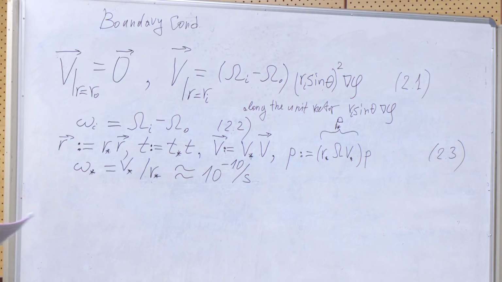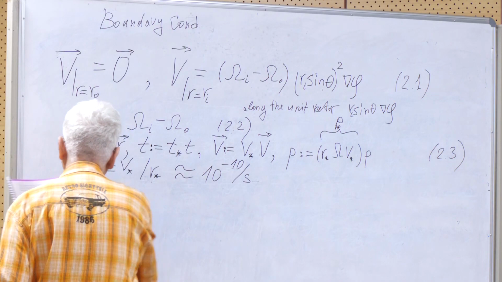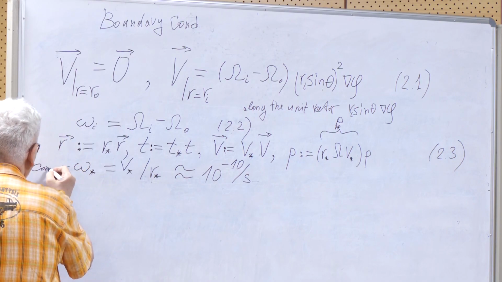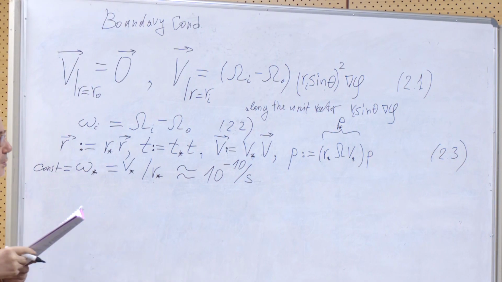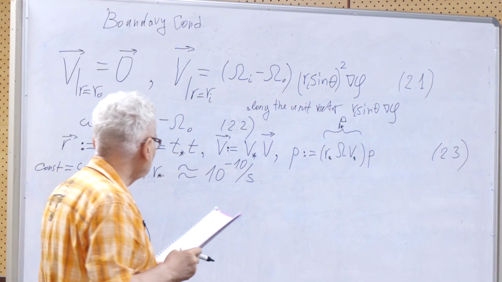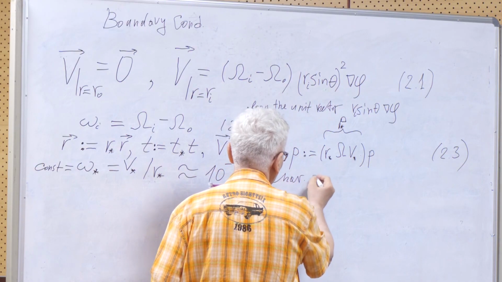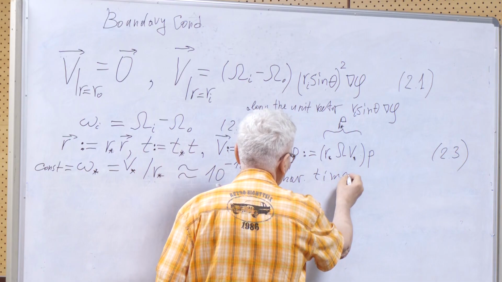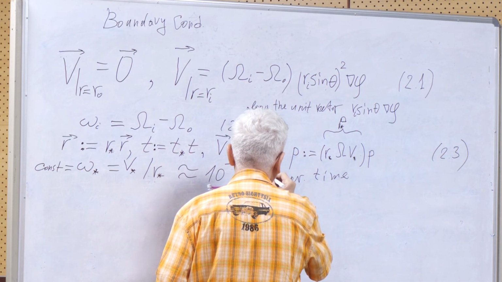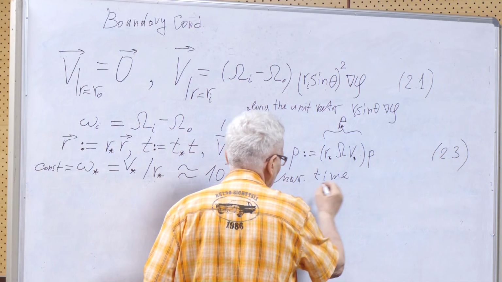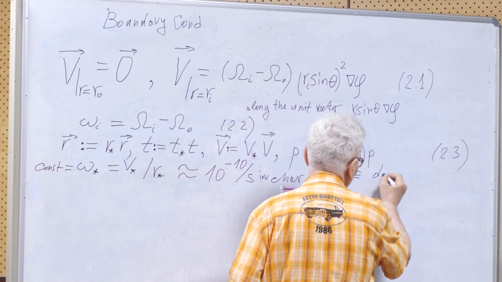Okay, 1, it's written here, yeah. And also we regard this as a constant. We just suppose that this is a constant. And this is the characteristic time, the inverse characteristic time, more precisely to say. And it's actually equivalent to differential rotation.